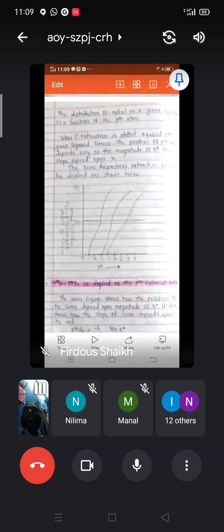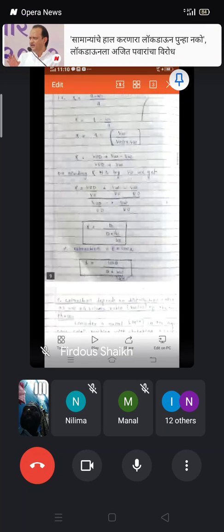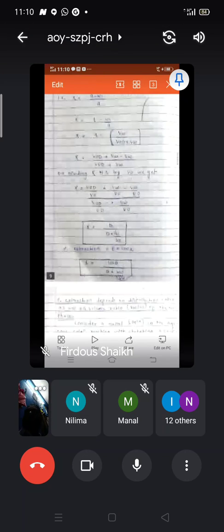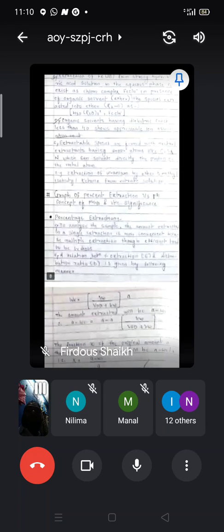That highlighted point may come for the MCQ. While studying this, we saw the graph of percentage extraction versus pH, which is the concept of pH half and its significance.